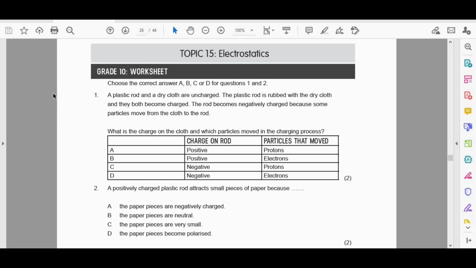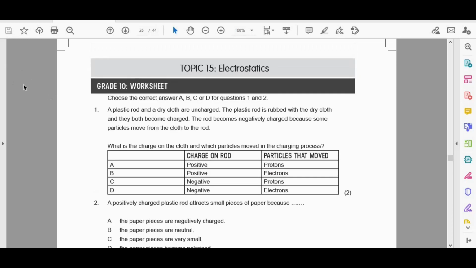So if something becomes negative, it must have gained some type of negativity. I'm just giving that as a hint to answer the first question. The answer for that one, ladies and gentlemen, was B.